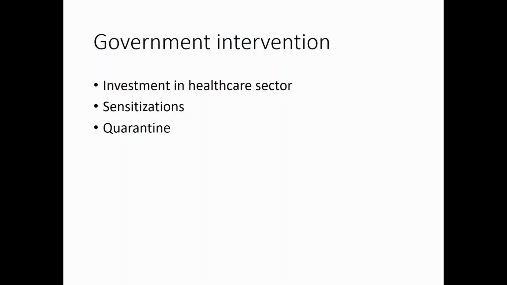Then also the government can create quarantines, like for a disease that has invaded a certain area and has no cure. Individuals that have been infected by that disease are isolated in order not to spread the disease to other people who have not yet been exposed to it.